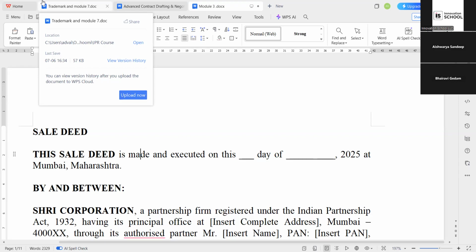Tomorrow, if I have sold a property, that doesn't mean that I can go and tell my relatives that I am the owner of the property, or I cannot go and sell it. I cannot go and give the property on rent to anyone, or I am not allowed to live there.